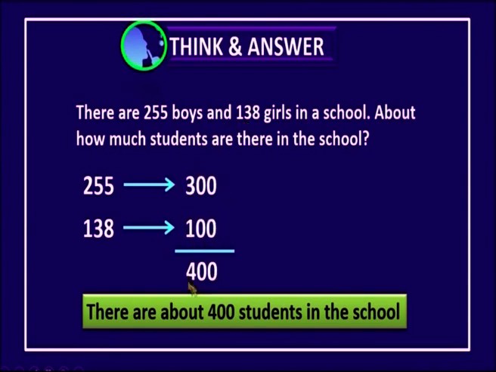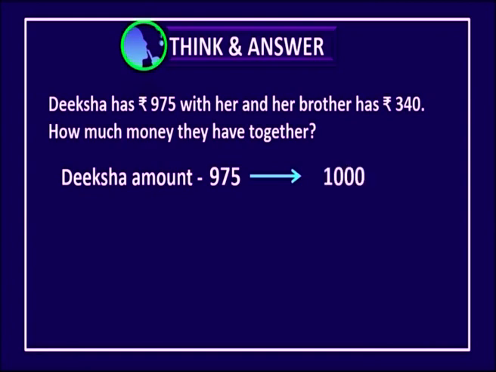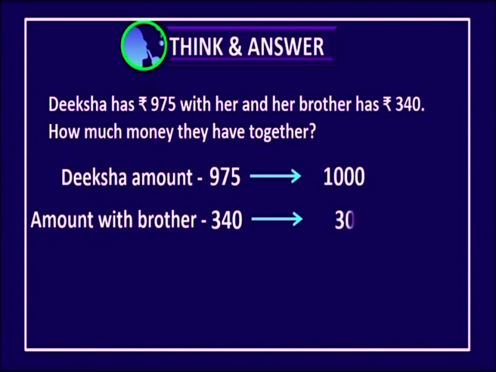Okay. Now children, Diksha has 975 rupees with her and her brother has 340 rupees. How much money do they have together? So Diksha's amount is how much, children? 975. That means it is approximately equal to which number, children? Yes, you are right, 1000. And what about the amount with her brother? 340, which is nearer to, you are right once again, 300. Now we need to find how much money they have together.